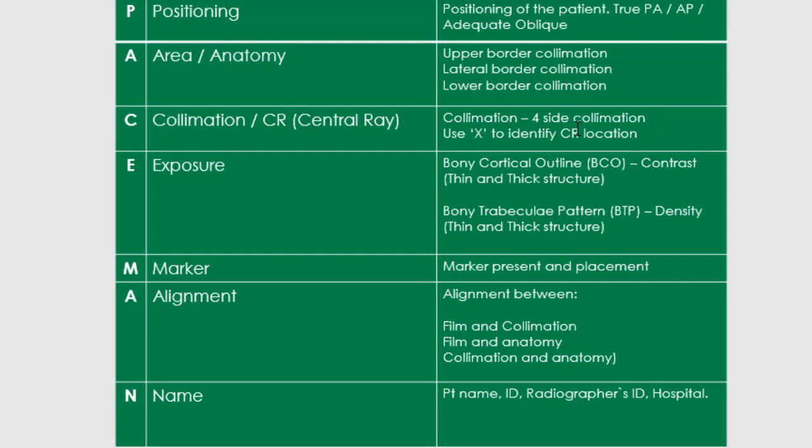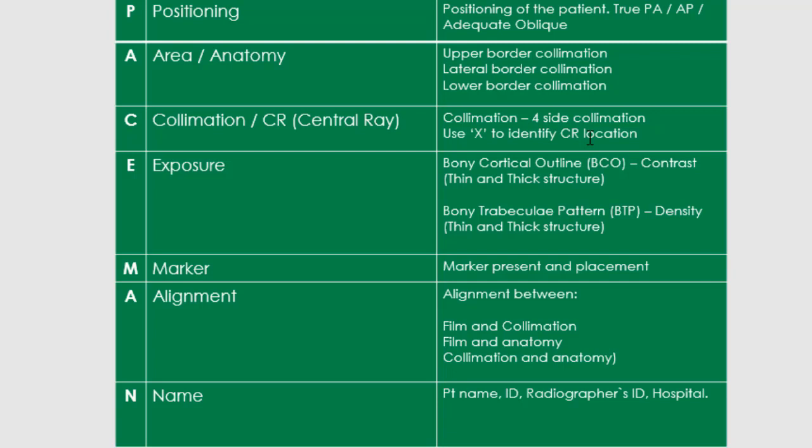For the collimation, this should be 4-side collimation. Your task is just to check and count how many sides of collimation are present. It should be 4. If it is less than 4, just state how many sides of collimation you can see. 3, 2, okay. If other than 4 sides of collimation, we cannot use the X to detect the CR location. If you encounter any projections having less than 4 side collimations, let's say 3, 2, 1, you can just come to the conclusion that CR location cannot be determined due to only 2 side collimation or 3 side collimation presence.